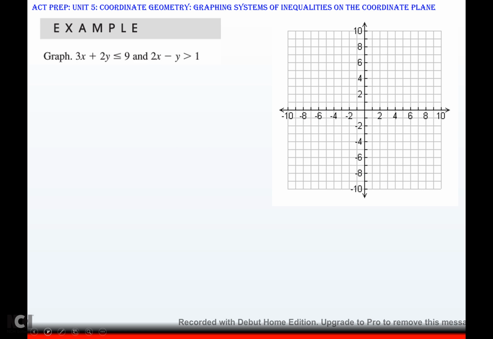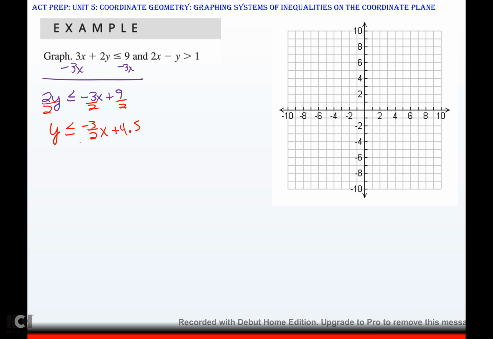All right, this one, we've got two that they want us to graph in the same coordinate plane. You still are going to have to get y alone. So my first one, minus 3x, minus 3x. That gives me 2y is less than or equal to negative 3x plus 9. Well, it's the same equation. Divide by 2, divide by 2, divide by 2. y is less than or equal to negative 3 halves x plus 4.5.